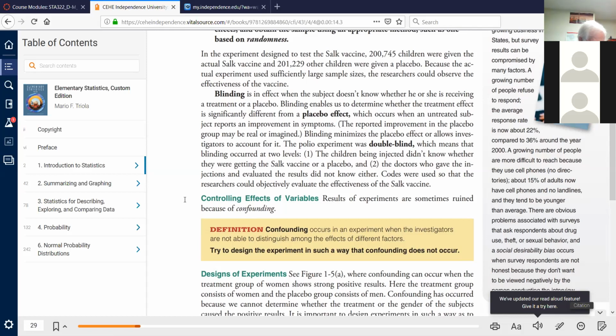Basically, studies such as many cancer drugs are not blinded because we're actually trying to study the effects of a drug to cure an incurable disease.